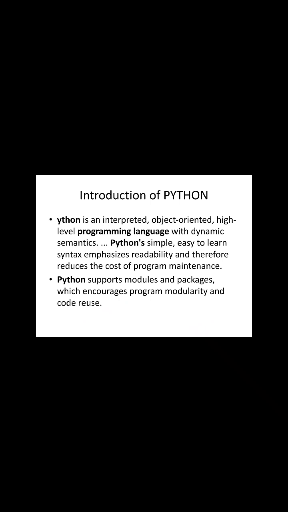It is very easy to learn, its syntax emphasizes readability, and therefore it reduces the cost of program maintenance. It supports modules and packages which encourage program modularity and code reuse. You can easily reuse the ready-made code.